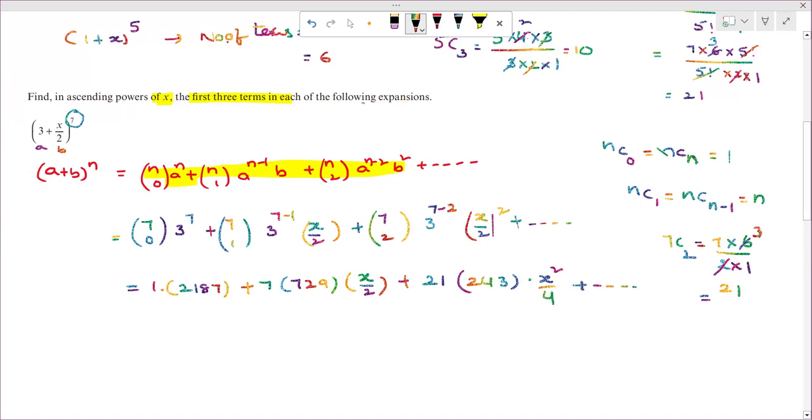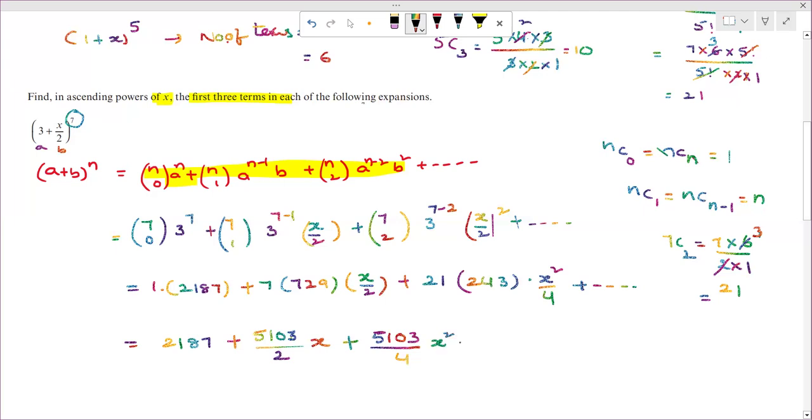First three terms only they're asking us to write. So 2187 plus 7 times 729, which is 5103 by 2, into x, plus now this one also simplify, 21 into 243, which is 5103 divided by 4, x square.